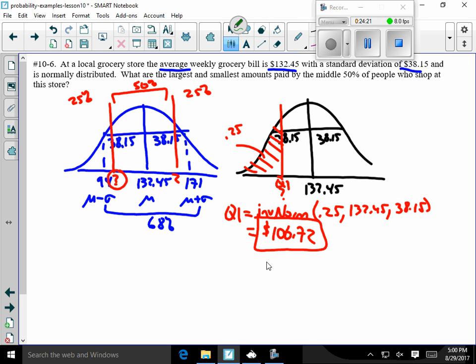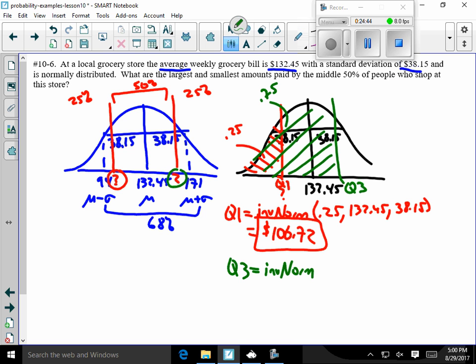Okay, and if I wanted to find the upper value, I could draw that on the same sketch. That would be called Q3. And for Q3, we would have 75% of the data below that, right? Because the middle 50% is everything below that except for this last 25%. So for Q3, I could also use inverse norm.